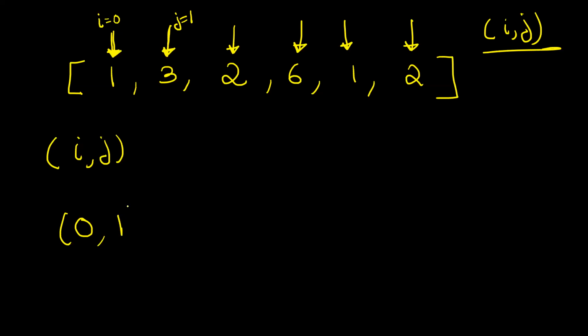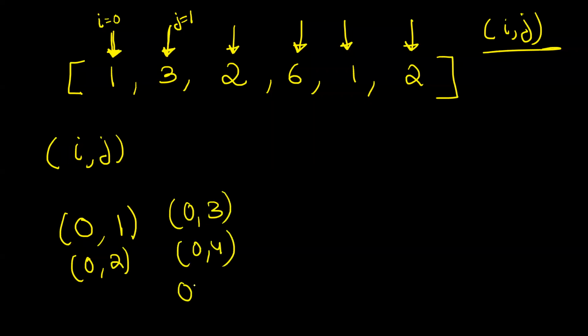I will look at 0, 1, then I will look at 0, 2, then 0, 3, 0, 4, 0, 5. Right? These are the pairs that I will be looking at when I am fixing my starting variable at index number 0. Do you agree? If I have fixed I at 0, then j will start from index number 1 and go all the way till the last index.